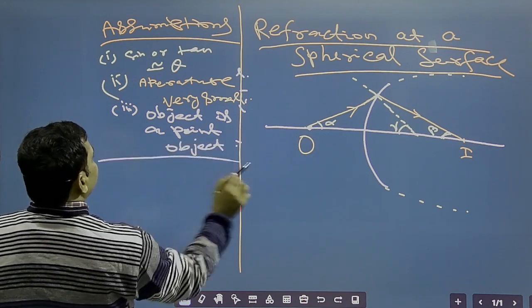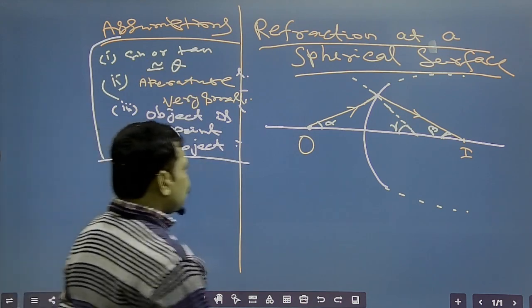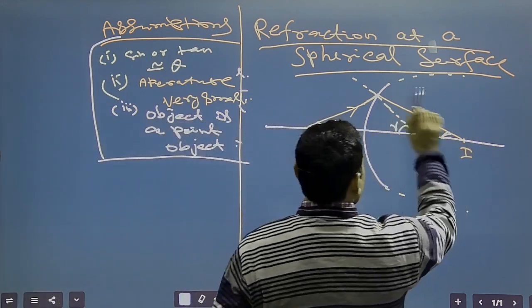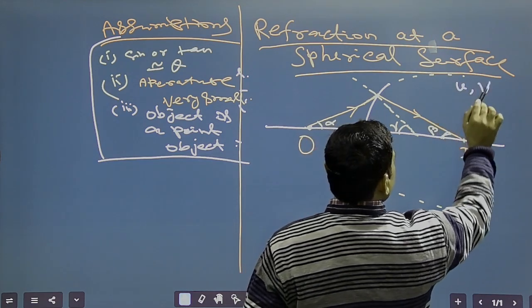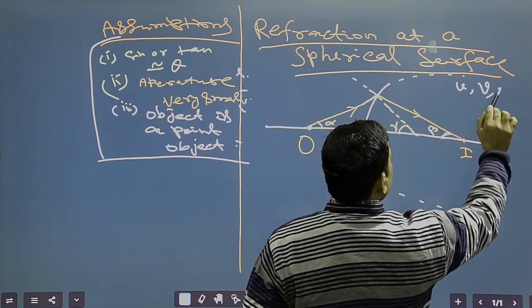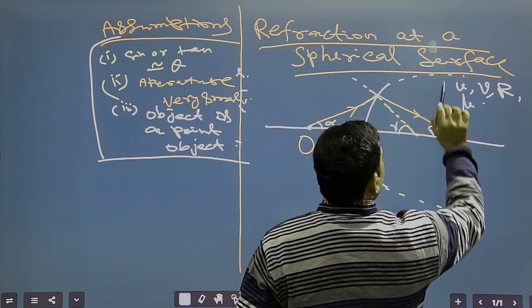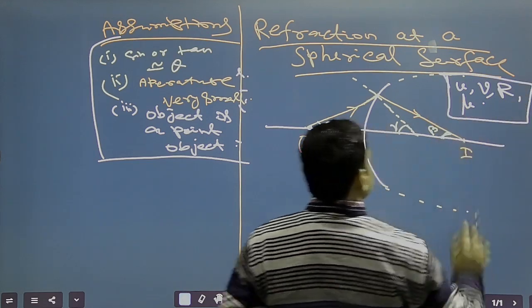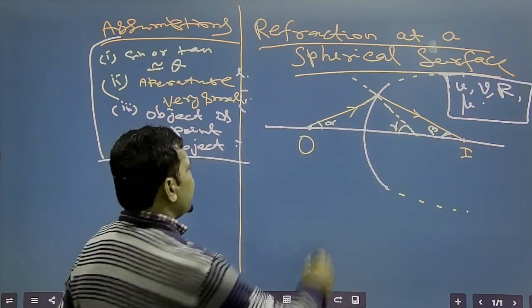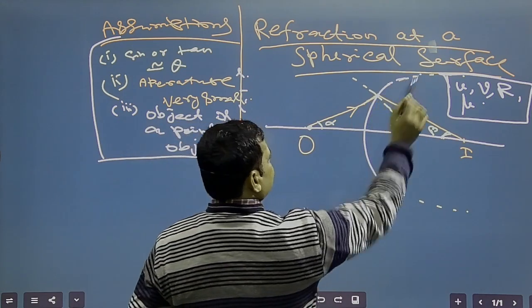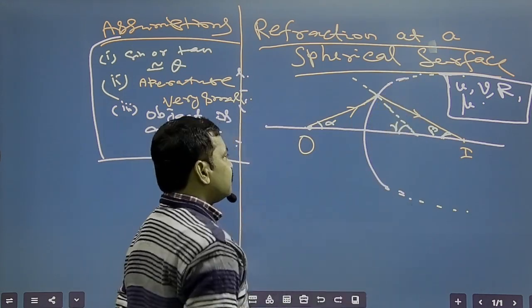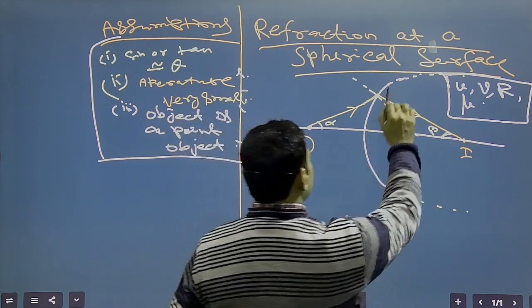So these are the three assumptions we consider to derive a relationship between the object distance, the image distance, the radius of curvature, and the refractive index of the denser medium, or the material of this spherical lens. We can tell this is a convex spherical surface.